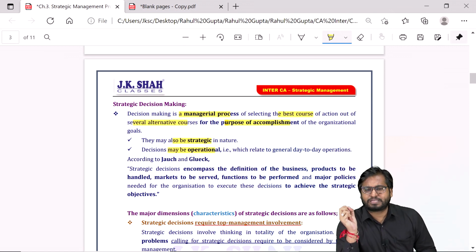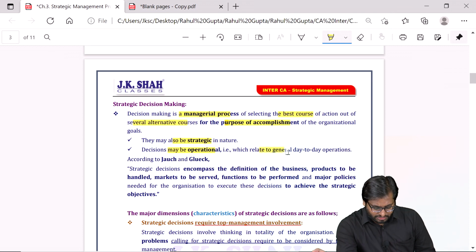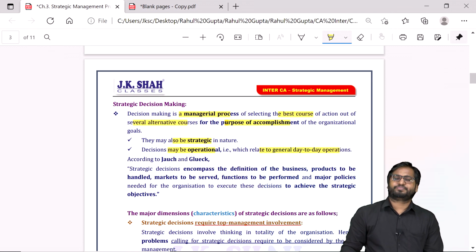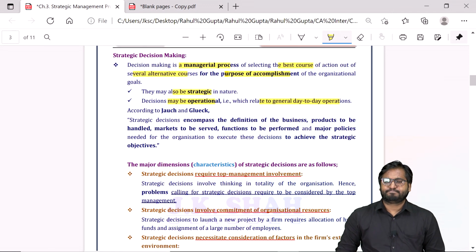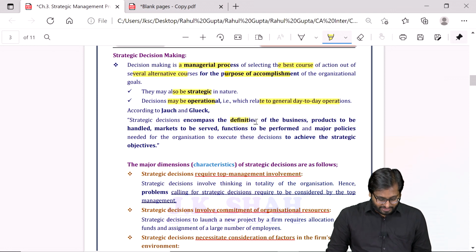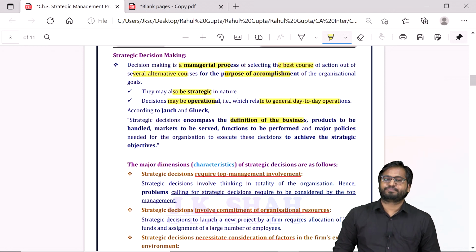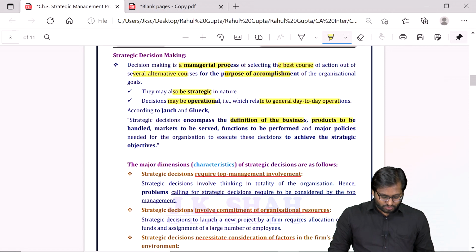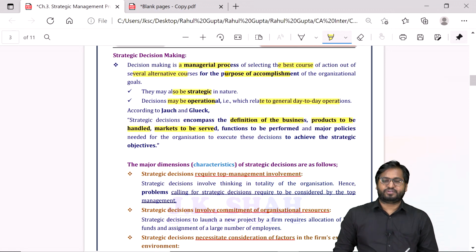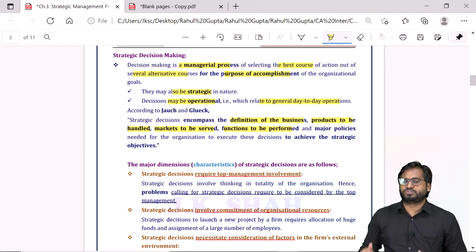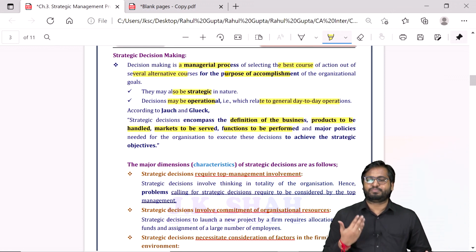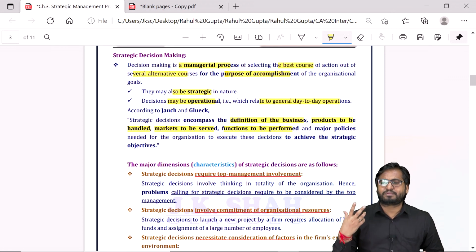What do you mean by operational? Which relates to day-to-day operations. According to Josh and Gluck, strategic decisions will encompass the definition of business, the products to be handled, the markets to be served, the functions to be performed. So this is called strategic decision making. Basically, it will define our business.